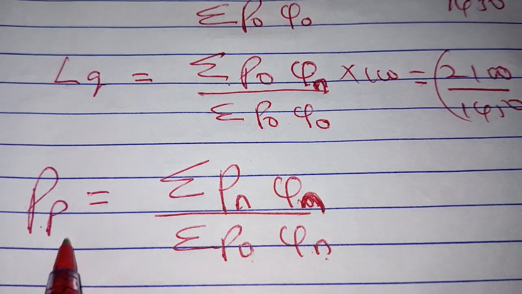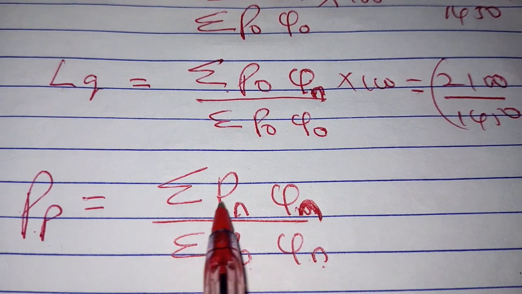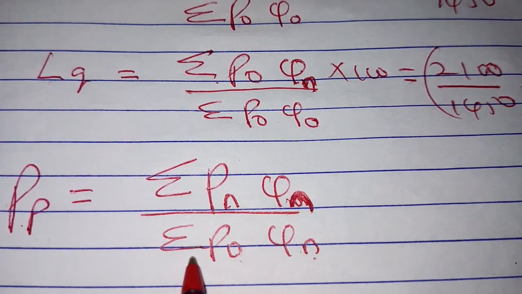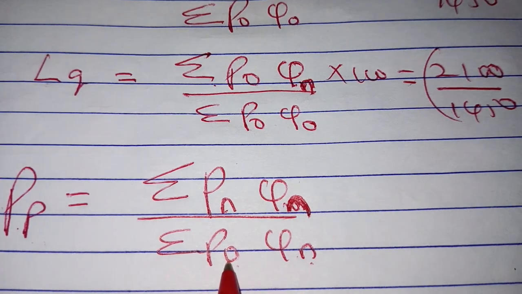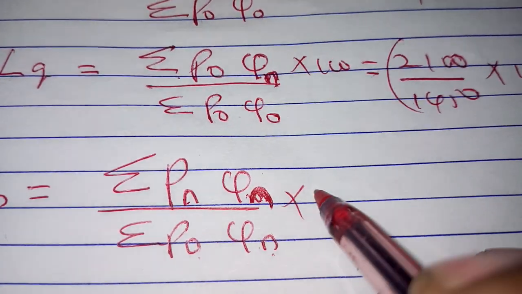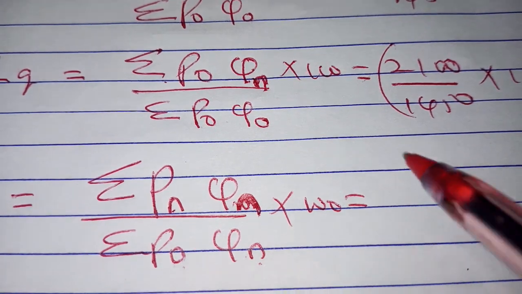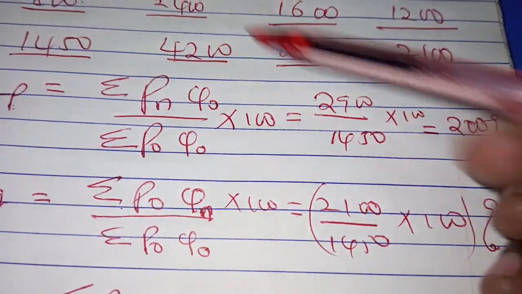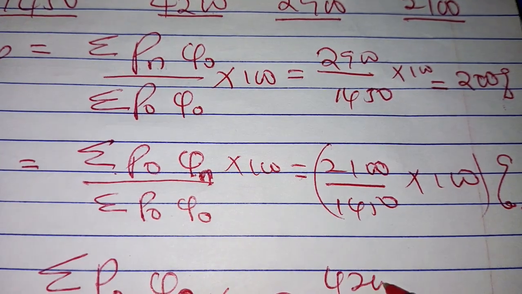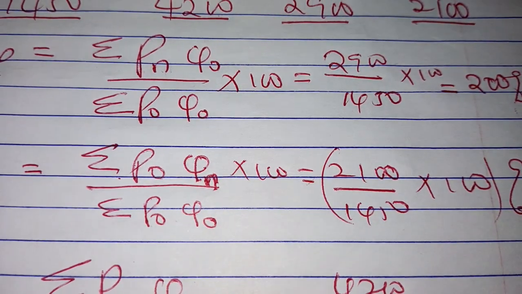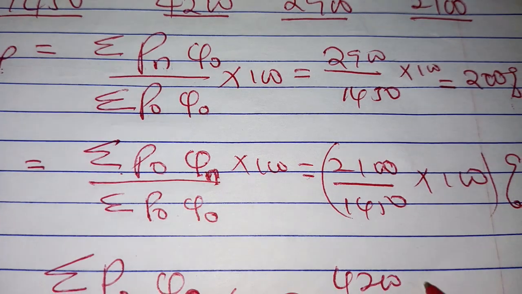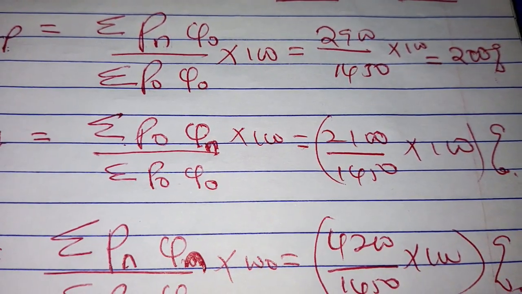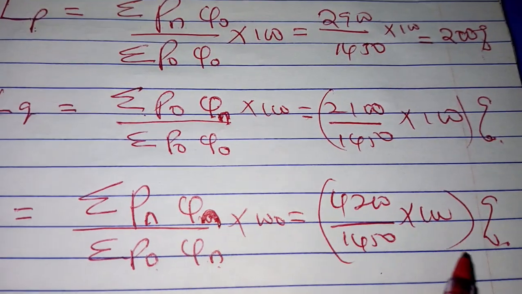Then we multiply by 100. That gives us PNQN being a total of 4200. We write 4200, then divide by POQN, then multiply by 100, and we have a percentage, which is the partial price index.